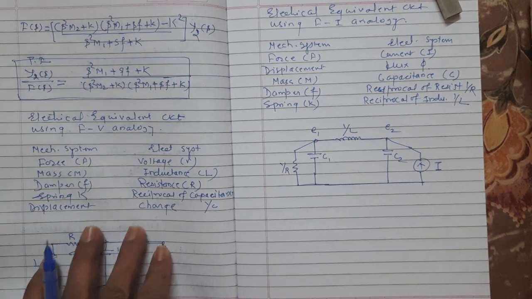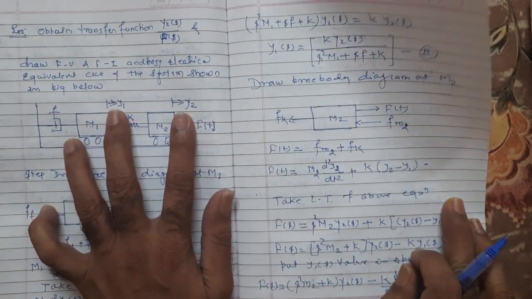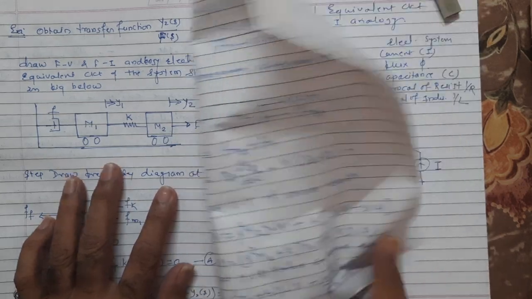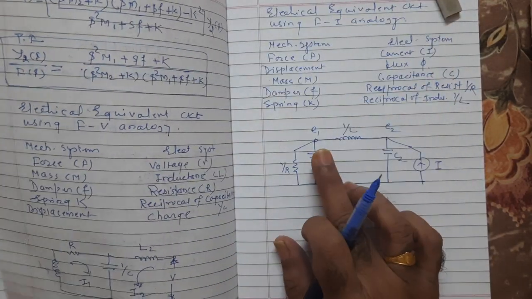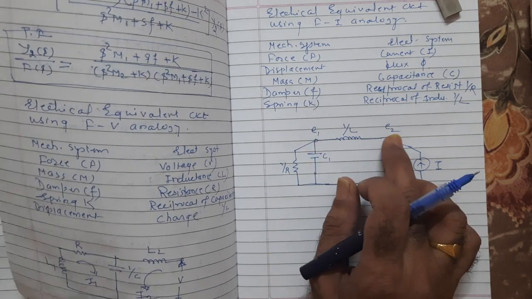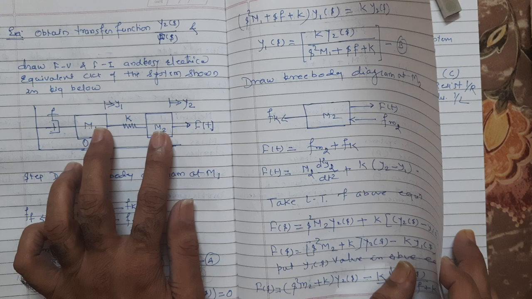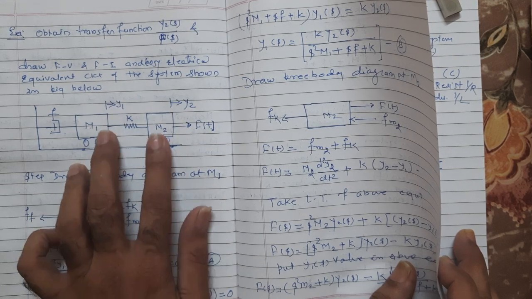For the F2I analogy, you always remember, first you find out how many displacements are there. If there are two, then first you mark the two nodes and put their voltages E1 and E2 respectively. Then find out which components are connected between E1 and E2, or between Y1 and Y2.